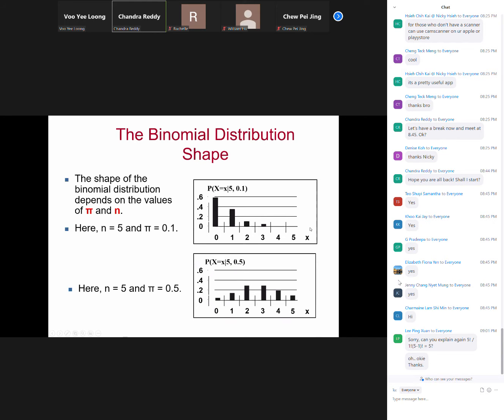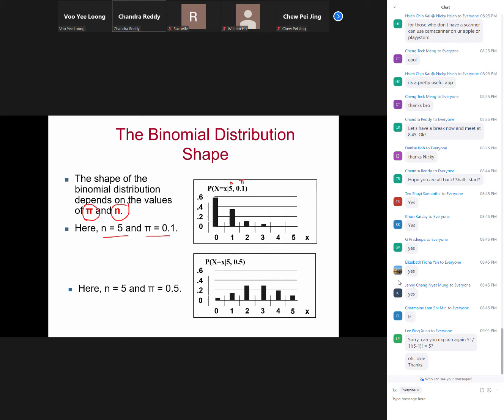The shape of the binomial distribution depends on both the probability pi and the sample size n. Depending on n and the probability, the binomial distribution shape will change. For example, in one of the previous examples, n is equal to 5 and the probability pi is equal to 0.1. So you can see the probability of 0, probability of 1, probability of 2, probability of 3.